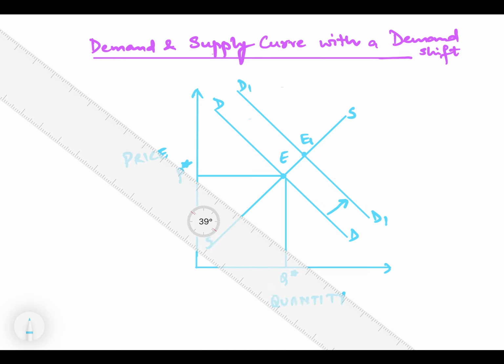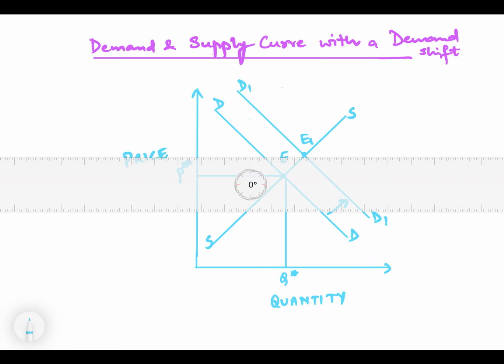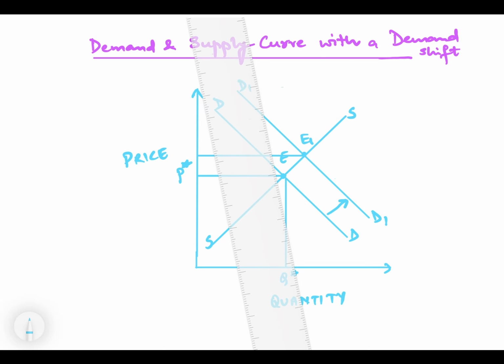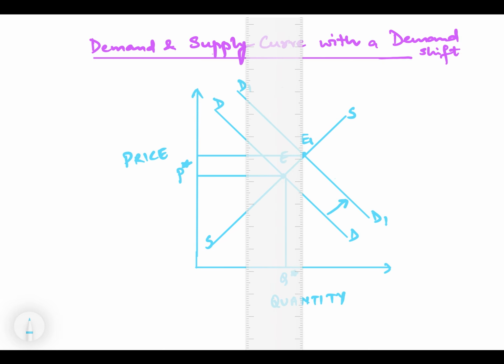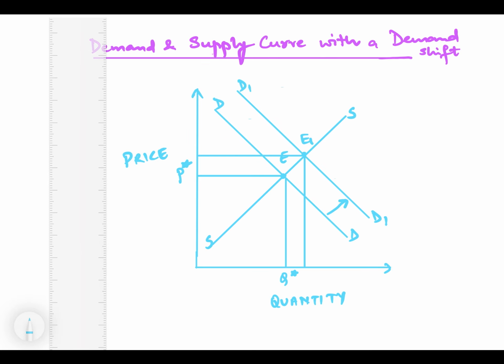Now, from this E1, we are going to again draw a new line towards price and new quantity. Don't forget to mark it. So, let's label it as P1 and Q1. So what is it showing?